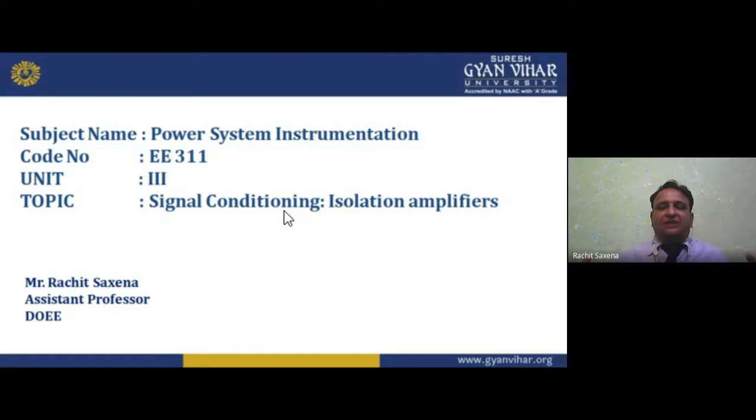We have, for example, linear variable differential transformer, LVDT, RVDT, RTD, resistance temperature detector, resistance thermometer, strain gauge, thermocouple, photovoltaic transducer, solar cells, piezoelectric crystal. So many things we have studied in the unit.